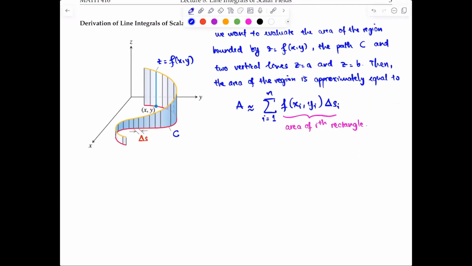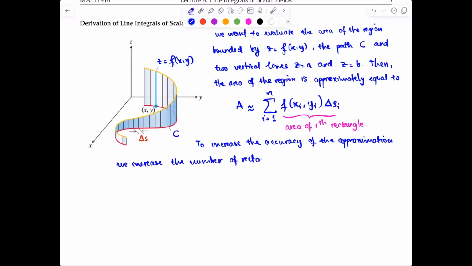And of course, to increase the accuracy of the approximations, what you do is increase the number of rectangles to use.